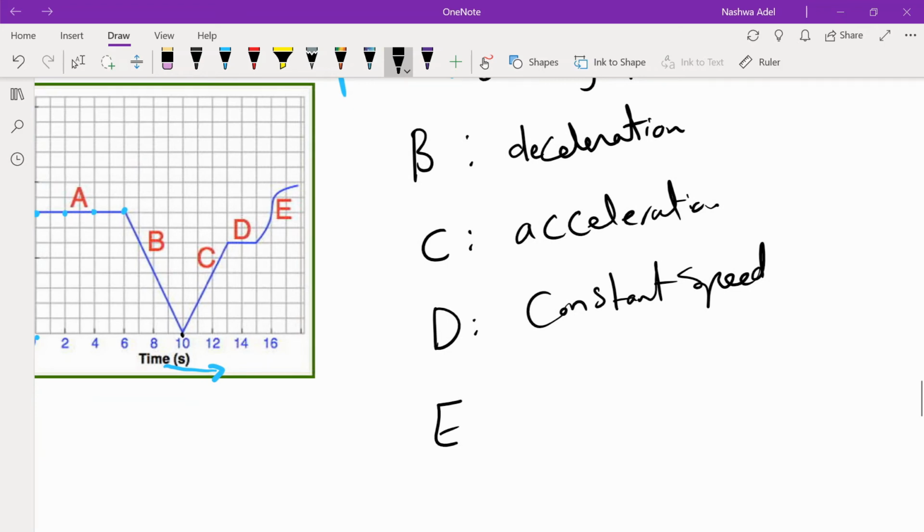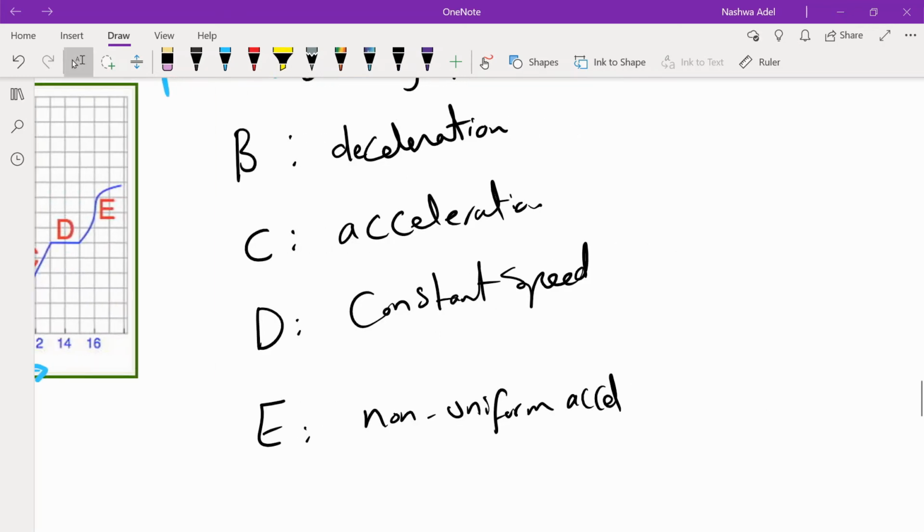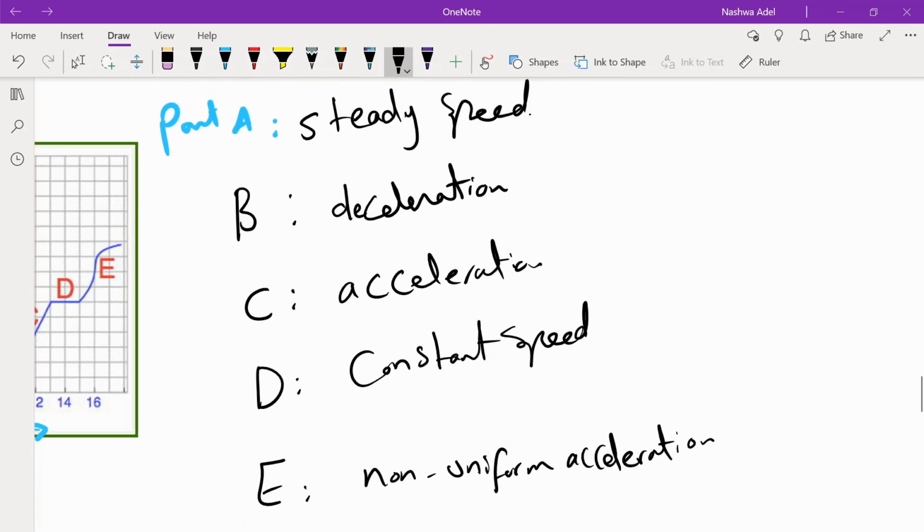So part E is non-uniform acceleration. And here in B and C, your deceleration and acceleration are uniform. Here is uniform deceleration, and here also uniform acceleration.